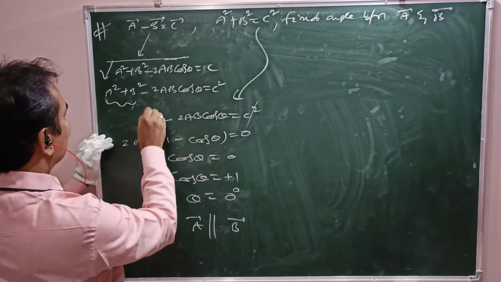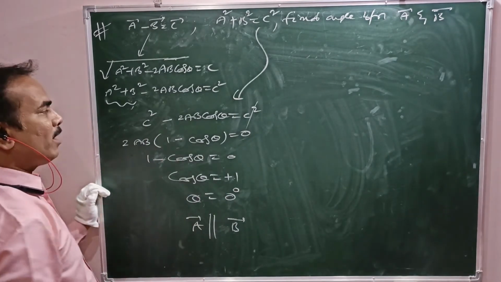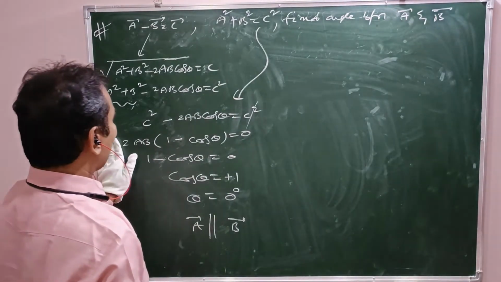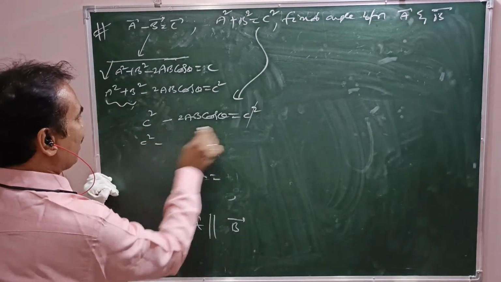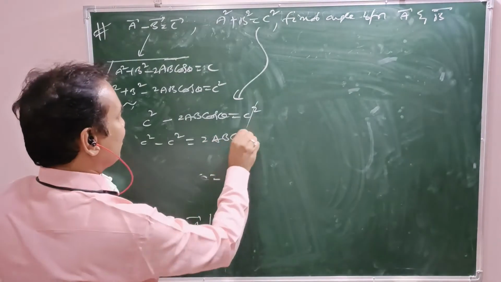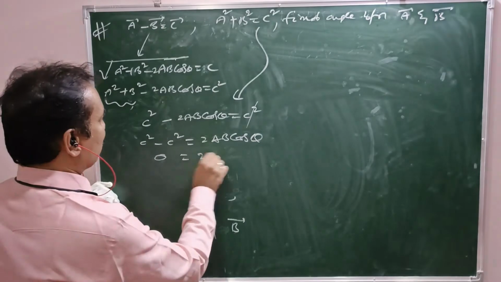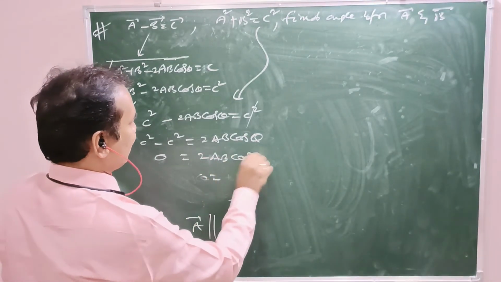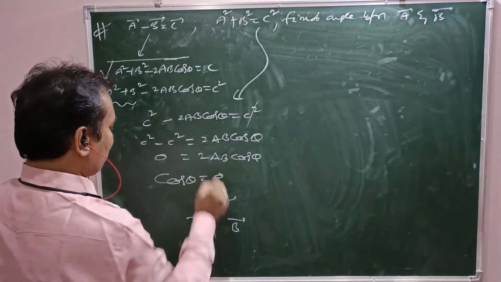That is C square minus 2AB cos theta equal to C square. Okay. That is C square minus C square equal to plus 2AB cos theta. C square minus C square, that is 0, equal to 2AB cos theta. That is cos theta must be equal to 0.